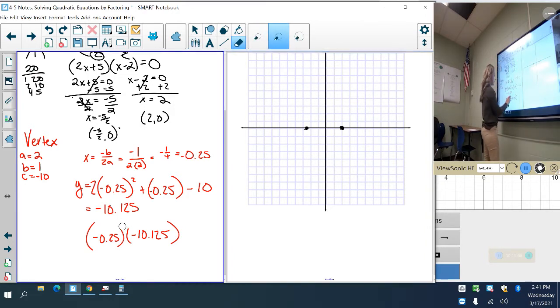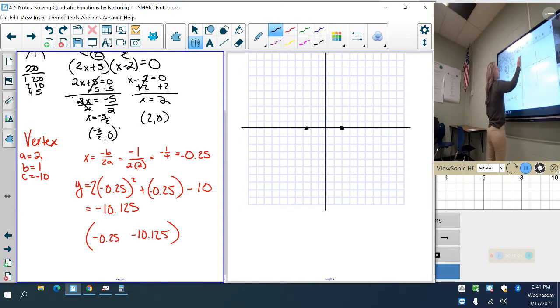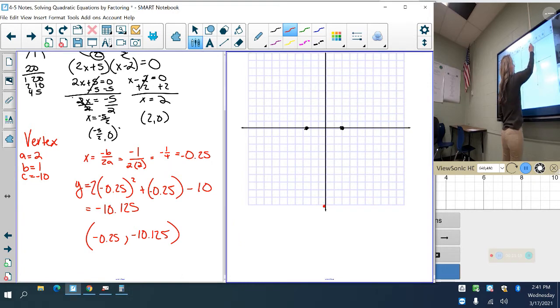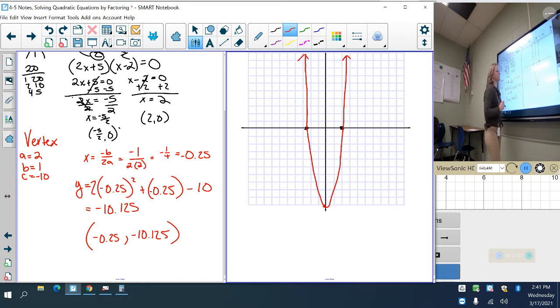Whoops, that's a point, not 2 parentheses. There we go. Negative 0.25 and negative 10.125. Negative 0.25 is almost 0, and negative 10.125 is about right here. Go ahead and sketch a graph. And there it is. Okay, let's go ahead and do one more example.